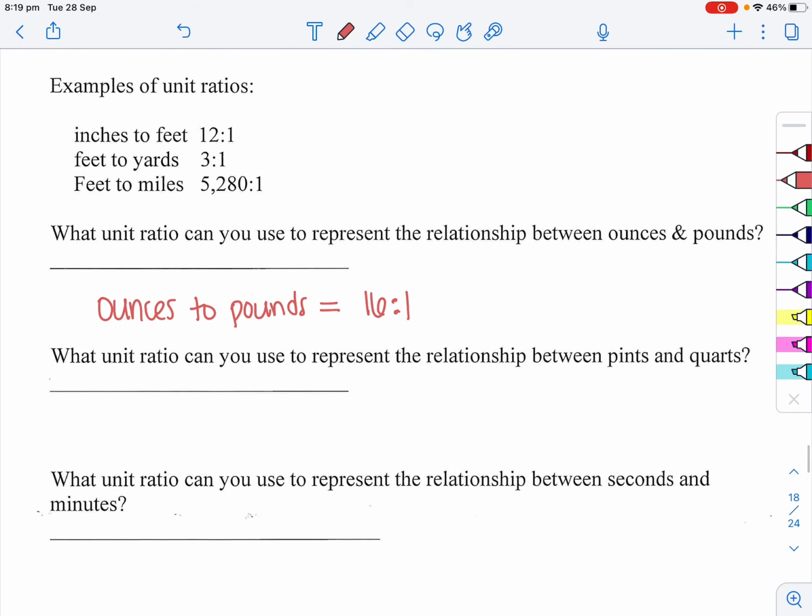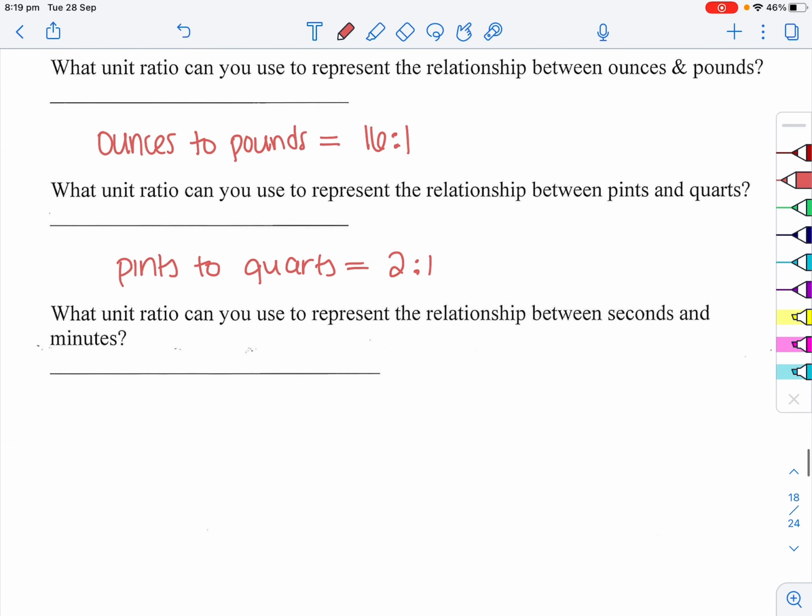Pints to quarts, and we would say there are 2 pints to 1 quart. What ratio can you use to represent the relationship between seconds and minutes? I'm going to do seconds to minutes, and that's going to be 60 to 1.